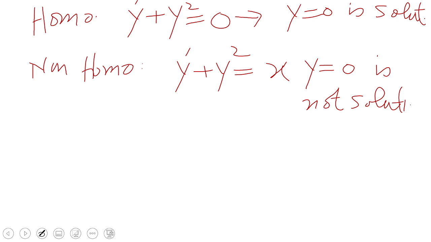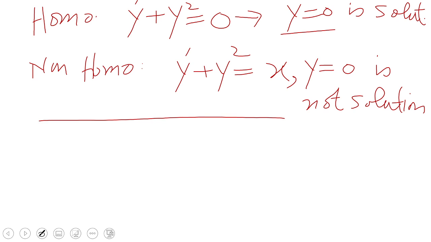If y equal to 0 is a solution, then it is a homogeneous differential equation, and if y equal to 0 is not a solution, then it is a non-homogeneous differential equation.